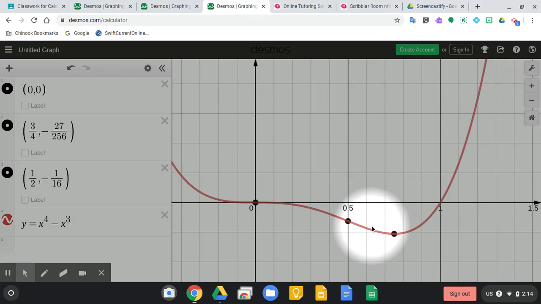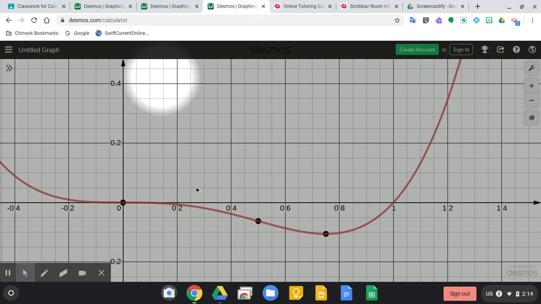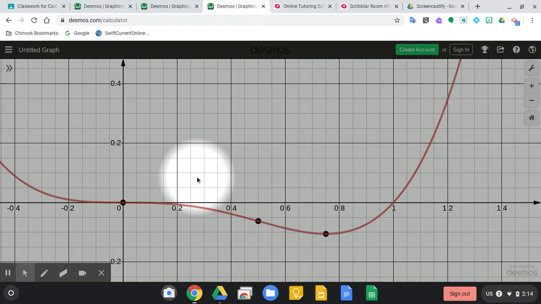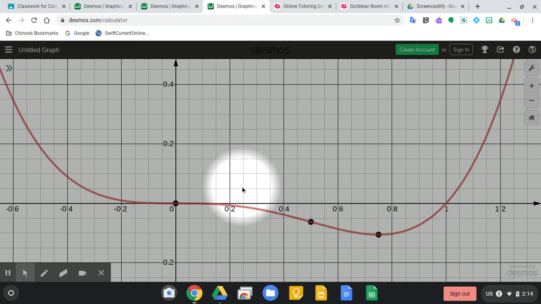So it changes. If this part was concave up, this part has to have a concave down shape to it. Then we had a second inflection point. So it changes again. This has to go back to concave up. So hopefully that made sense.